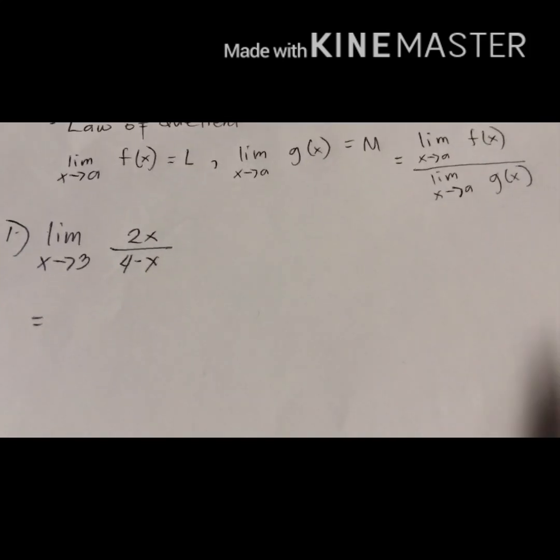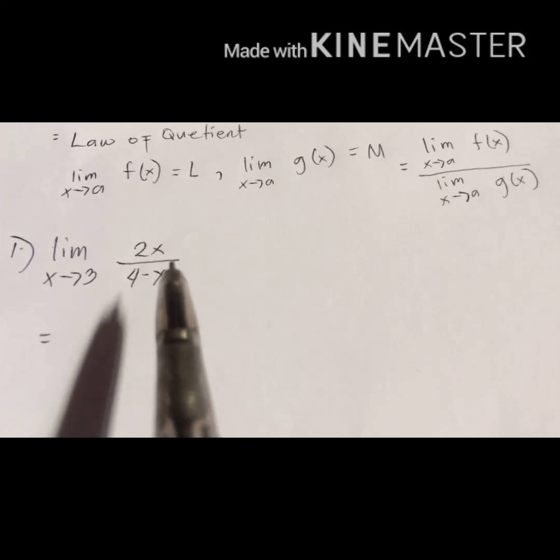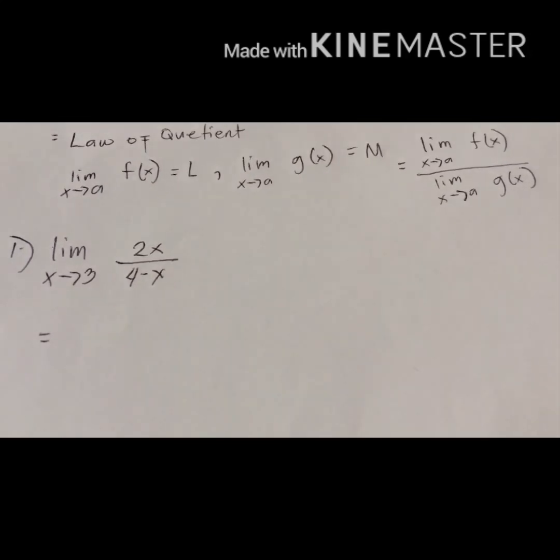So example, the limit as x approaches 3 of 2x over 4 minus x.